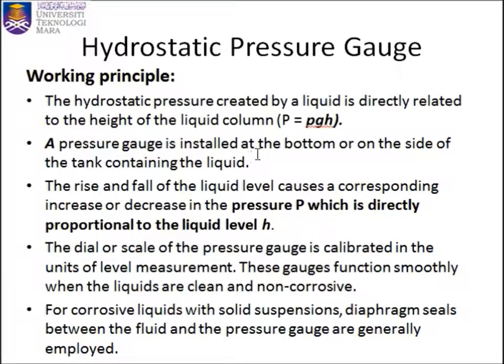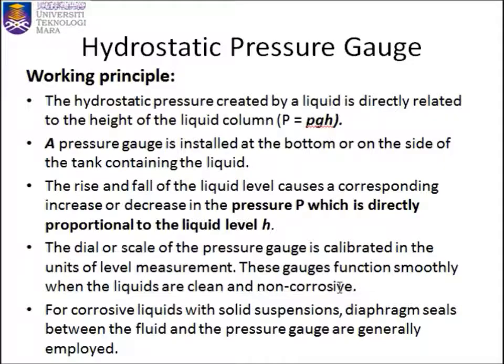A pressure gauge is installed at the bottom or on the side of the tank containing the liquid. The rise and fall of the liquid level causes a corresponding increase or decrease in the pressure P, which is directly proportional to the liquid level H. The dial or scale of the pressure gauge is calibrated in the units of level measurement.